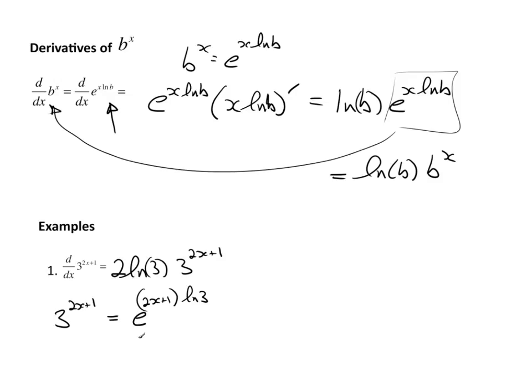So now let's take the derivative of this, just like we would normally take a derivative. So d dx of this thing. The derivative of this is going to be itself times the derivative of the exponent.